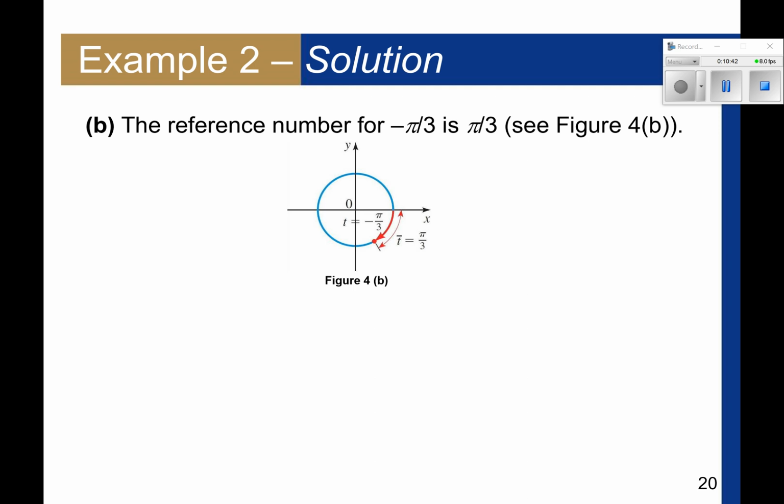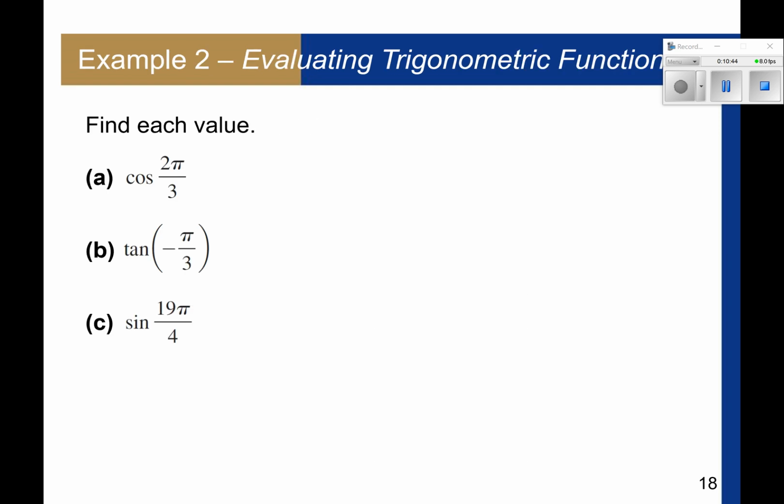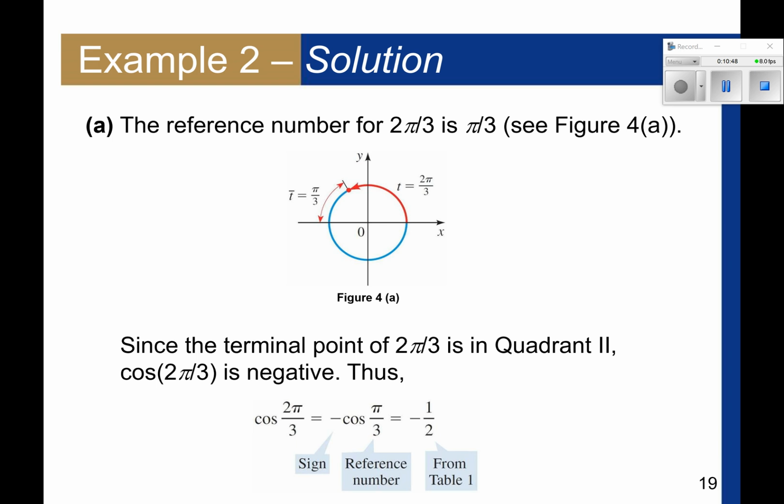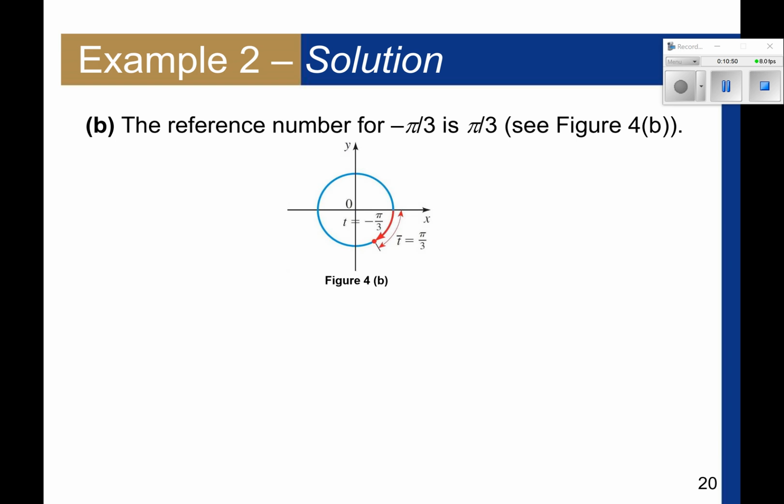For the second one there, they asked us to find the tangent of negative pi over 3. Well, negative pi over 3, we rotate around clockwise, only a distance of pi over 3, that puts us in quadrant number 4. So the reference number for negative pi over 3 is 1 pi over 3.